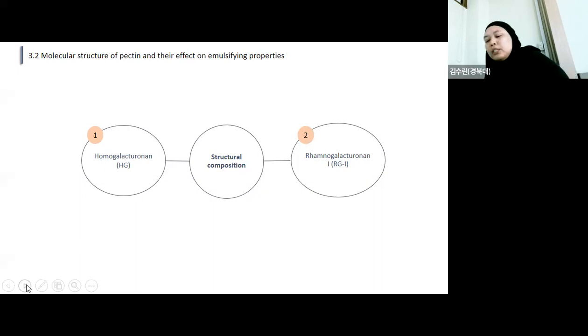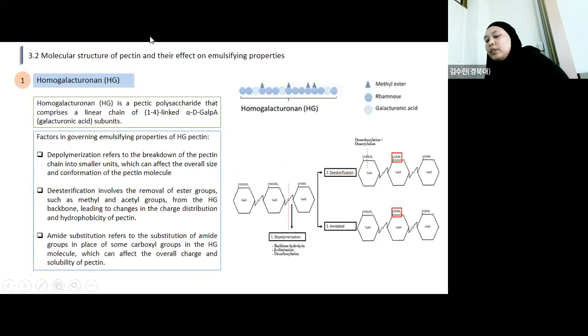So I will first discuss HG pectin. HG pectin is defined as a pectic polysaccharide comprising a linear chain of 1,4-linked alpha-D-galacturonic acid subunits. As we can see here, it mostly consists of galacturonic acid with rhamnose and also methyl ester.